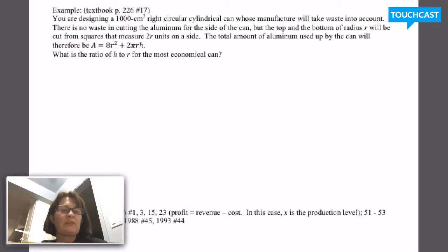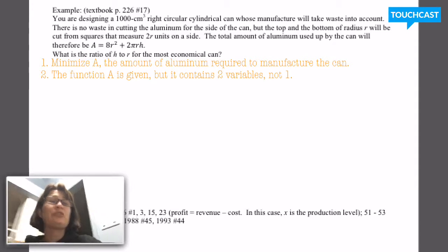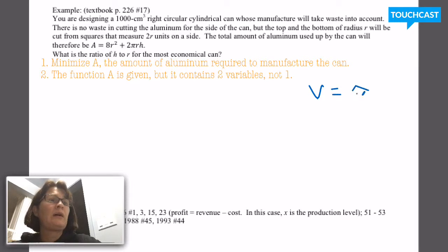So let's write up what we have so far. We're still here on step 2. We have a function A, but we have to find a way to make it contain one variable, not two. So I'm going to come to the side, and I know that the volume of a right circular cylinder is pi r squared h, and I know that the volume of this can is supposed to be 1,000. So 1,000 is equal to pi r squared h.